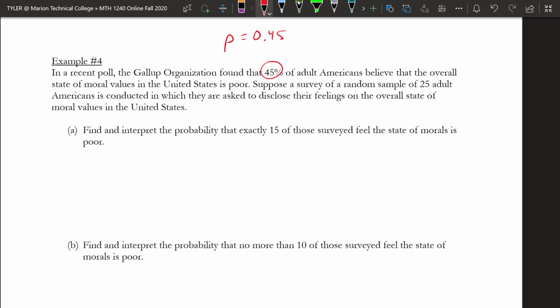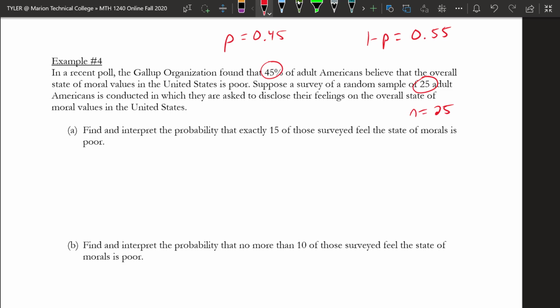So you just want to pay attention to that. So of course 1 minus p would be equal to 0.55, that would be the failure rate. And this 25 number is your n value, the number of trials that we're doing.